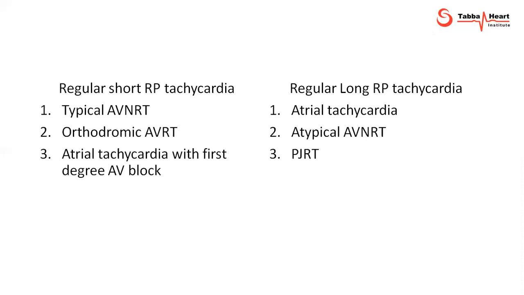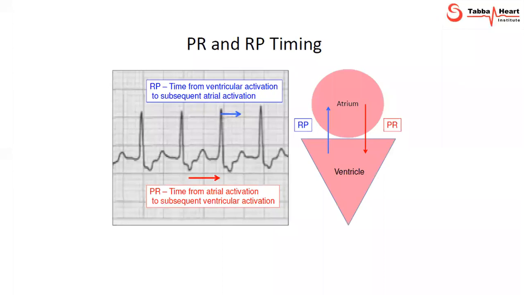So they are all short RP tachycardias. Orthodromic AVRTs are short RP tachycardias. PJRT is a different type of tachycardia. It is a clinical diagnosis, seen in children, an accessory pathway related tachycardia. But for adult cardiology, atrial tachycardia and atypical AVNRT are 2 common differential diagnoses of a long RP tachycardia. And sinus tachycardia of course is a long RP tachycardia.